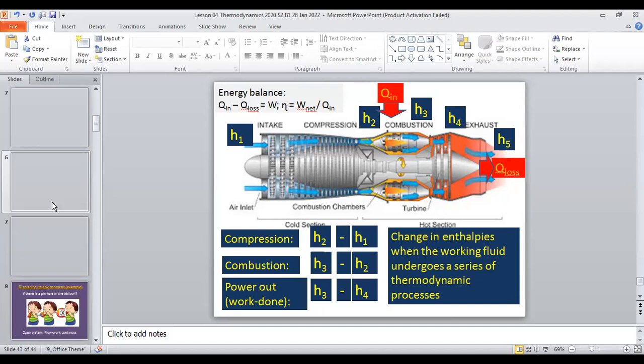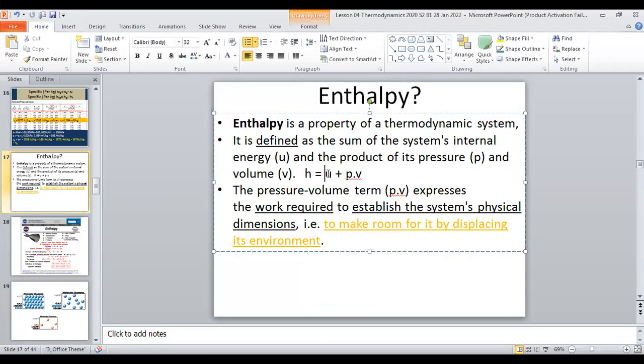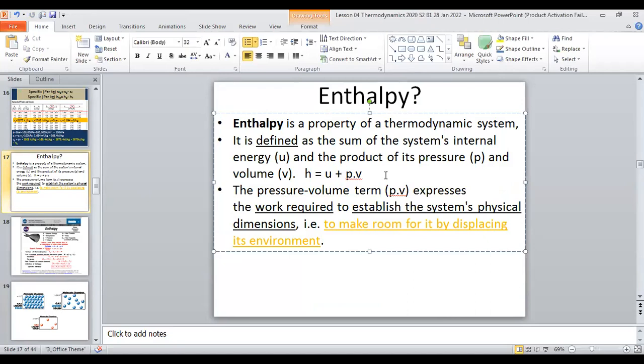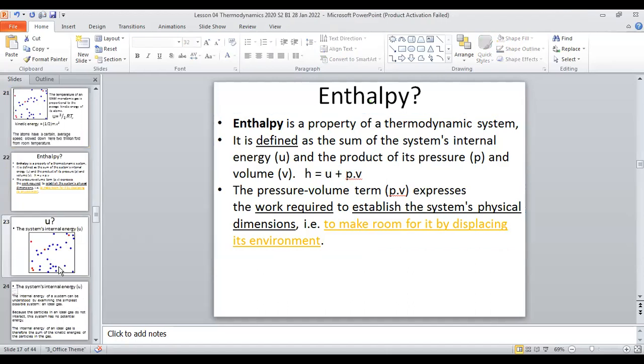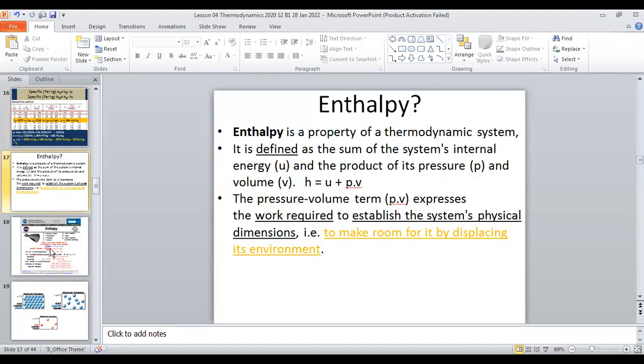H contains the internal energy plus the flow work, or the work needed to displace its environment to occupy the space. So H, you should know. You should try to understand more about this.